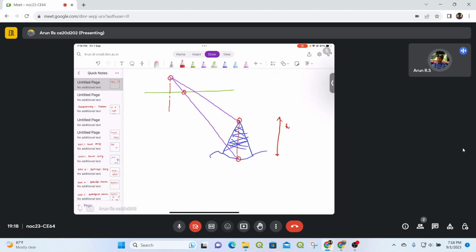So this is the bottom of the tower point, and the top of the tower point. Let's say this is capital R naught.